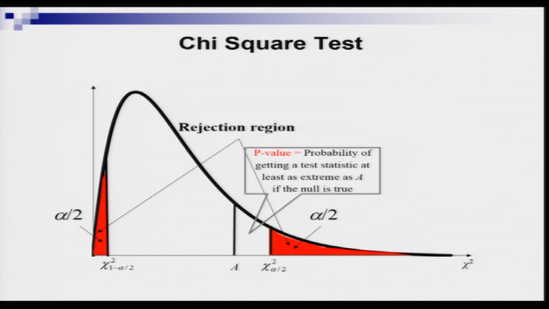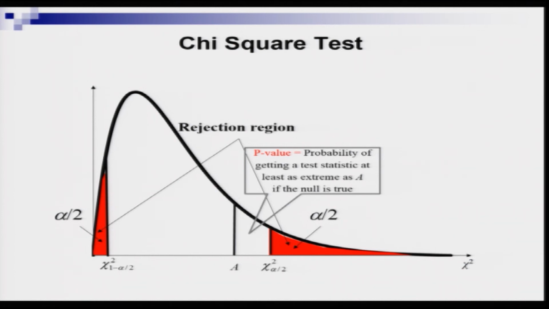If you want to find the critical value, first you have to set the level of significance. Let us assume that that is alpha, and alpha could be 0.1 or 0.05, it does not matter, it is up to you.